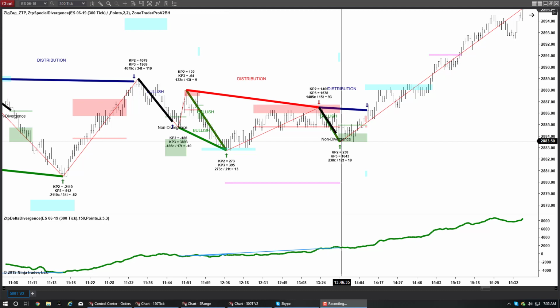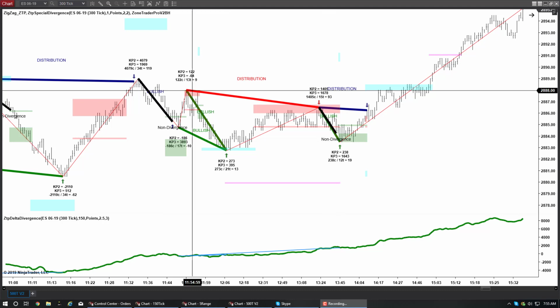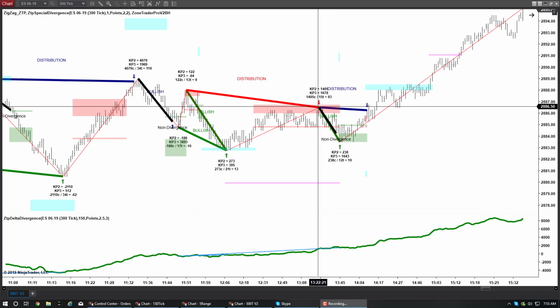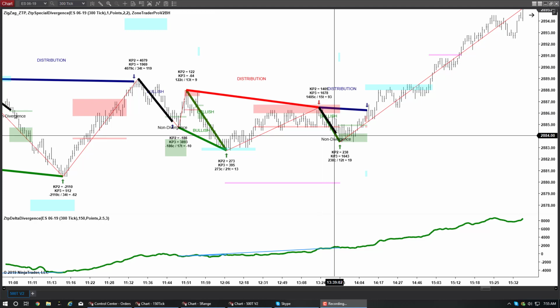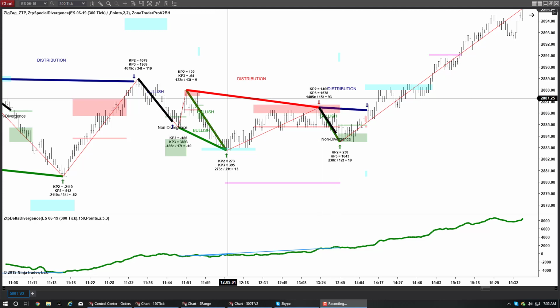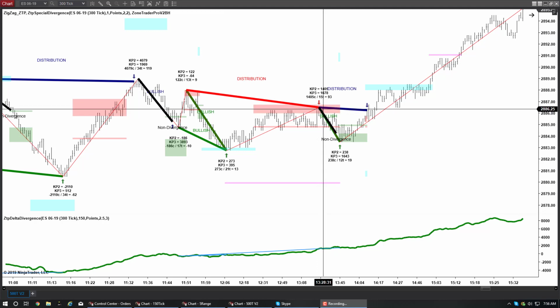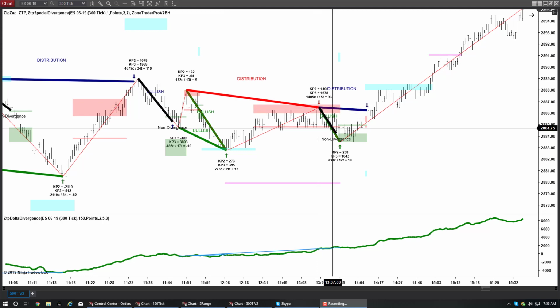So what we're looking at is taking this trade as a distribution, and again, there's no reason not to. But if this was truly a distribution, then we would have expected to see the bears come in and support that distribution and take price lower.